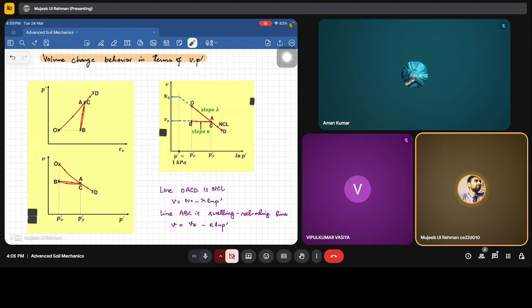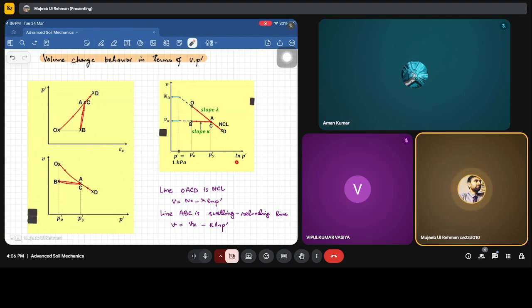As a result, it will be kind of elastic, so the rebound will have no difference or very minor difference between the stress states or the void ratio between these two points. That's why here we can see there is a straight line, because there will be very minute change. And once it reaches C, it will join the normal consolidation line again. So A and C can be considered as the yield stresses.